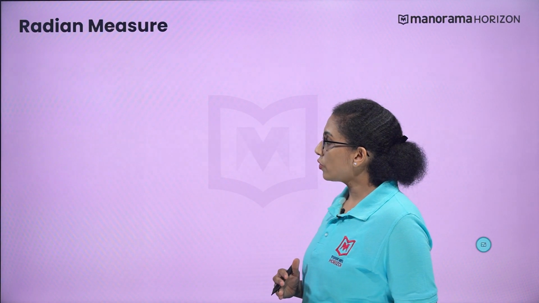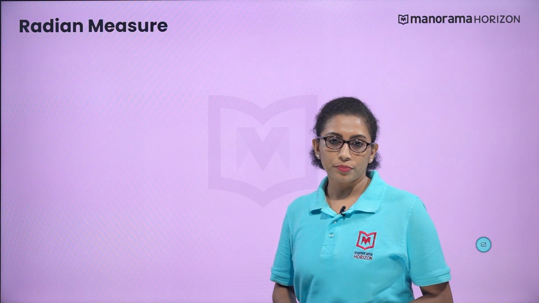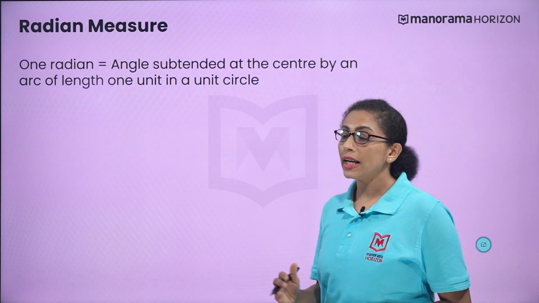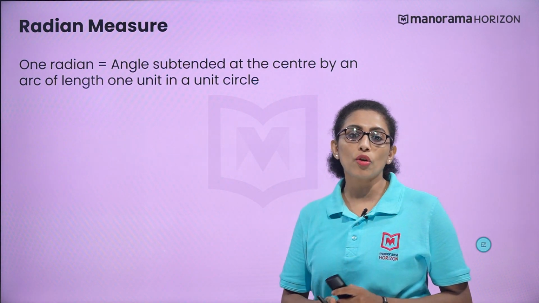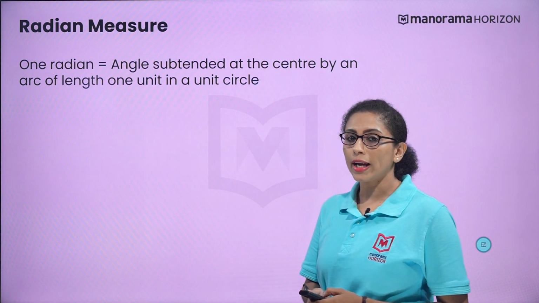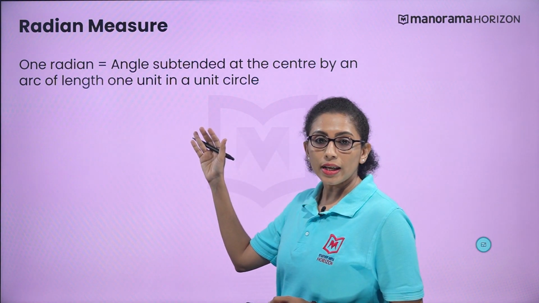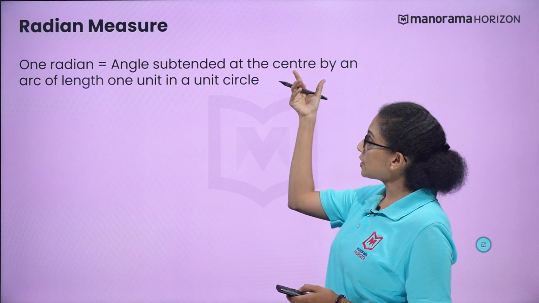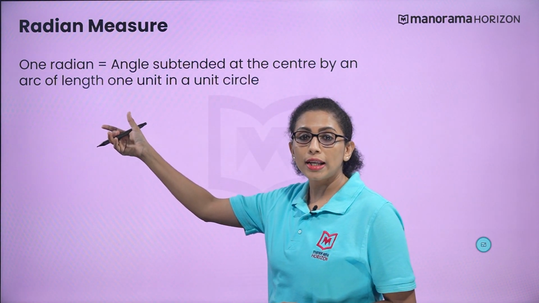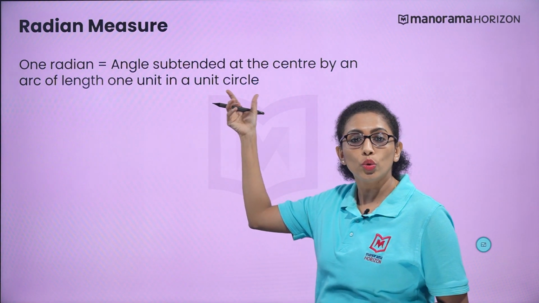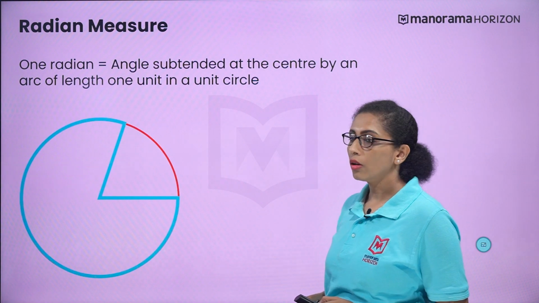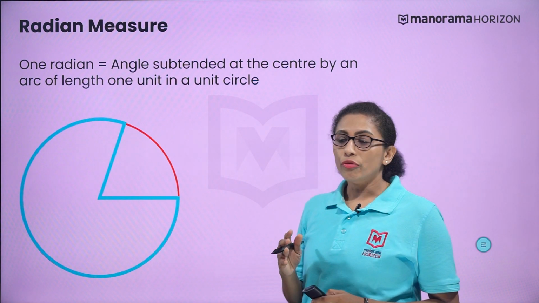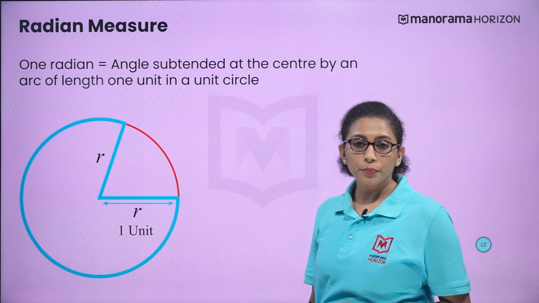Next, we will discuss radian measure. Radian measure is the measurement of an angle related to the radius of the circle. We can define 1 radian as the angle subtended at the center by an arc of length 1 unit in a unit circle. Let's see it diagrammatically. A radius of 1 unit is marked here.